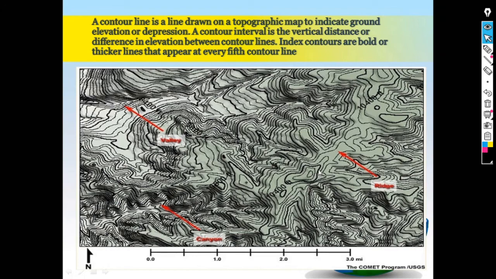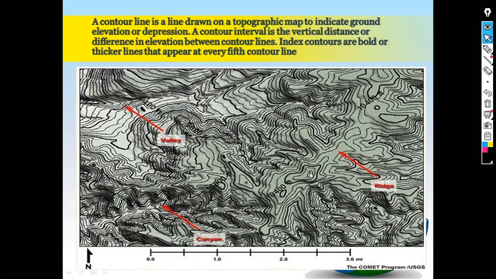Now let's see, if there is a hill, what will happen? There will be closed contours very closely packed and closing in very small areas. Here we can see these are not closing in a small area.